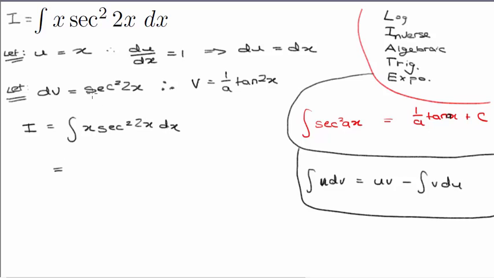Applying the formula, we get uv, and sorry, this should be 2, not a. I'm getting mixed up. So uv is going to be x on 2 multiplied by tan of 2x. Then we minus the integral of v du, so v is half times tan 2x.